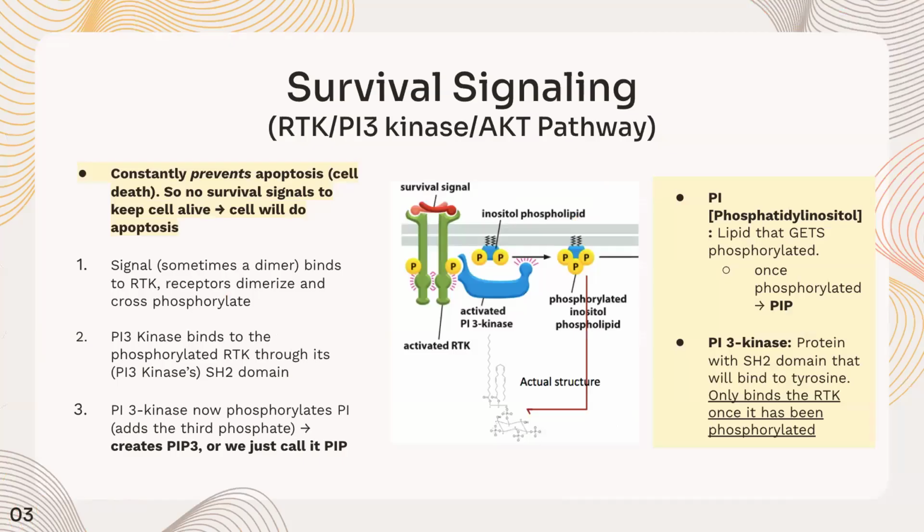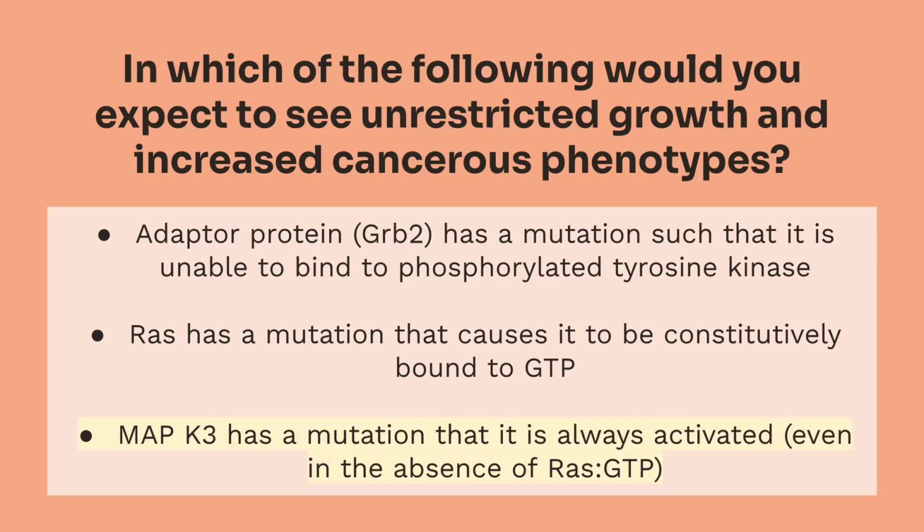Let's go back. MAPK3 has a mutation that is always activated. So MAPK3 activates what? MAPK2, which activates what? Just downstream proteins, like now it can do its job.